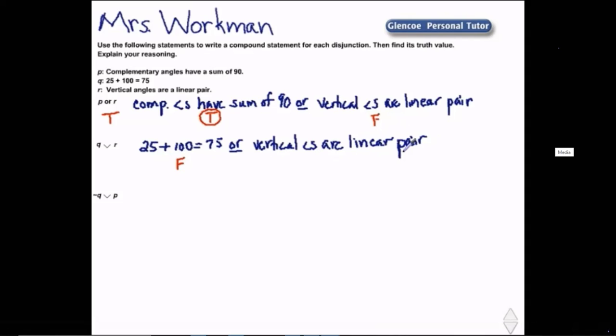Vertical angles are a linear pair is false. Since both statements are false, the disjunction is false.